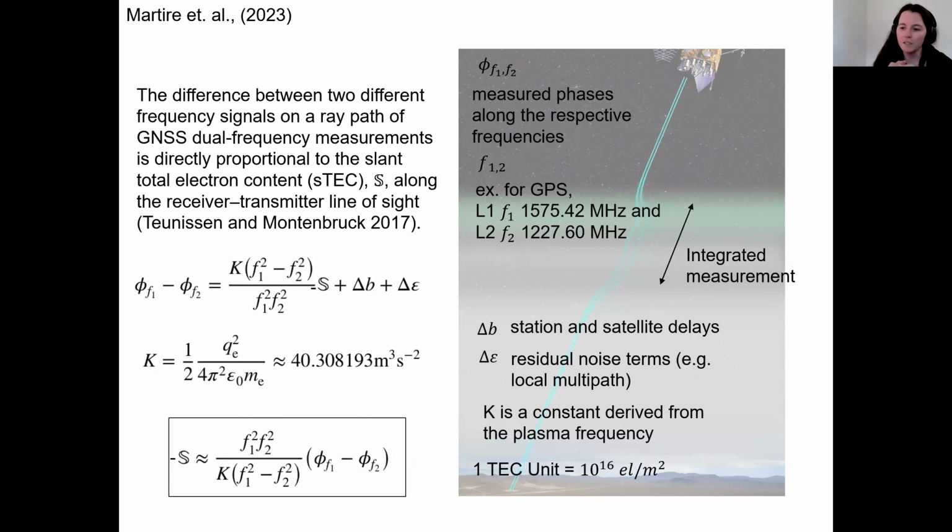And here we see the math behind how this works. The difference between 2 different frequency signals is directly proportional to what we call slant total electron content along the receiver-transmitter line of sight. So satellite, ground receiver, this is the line of sight.